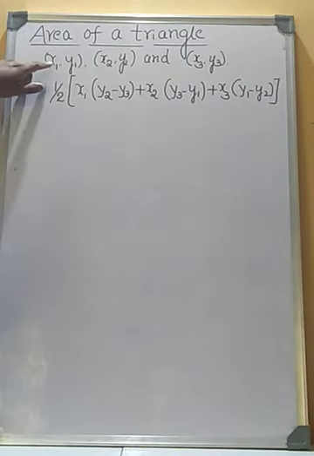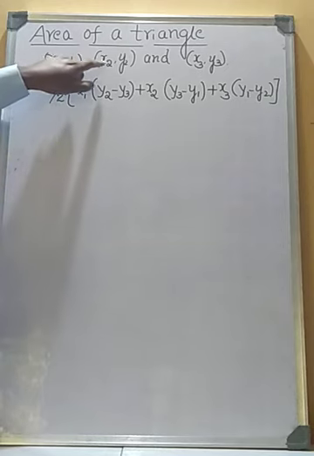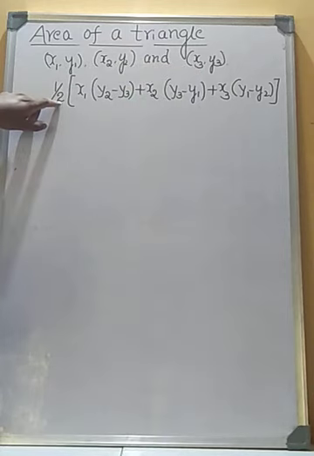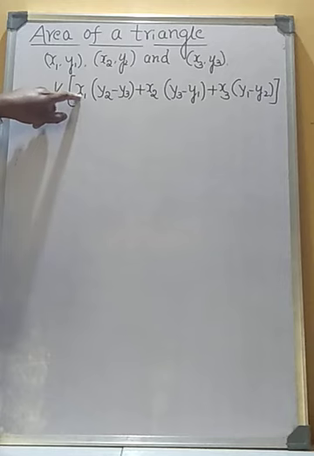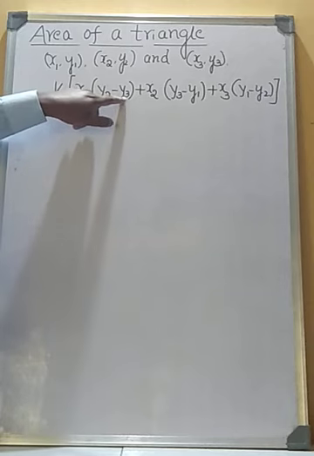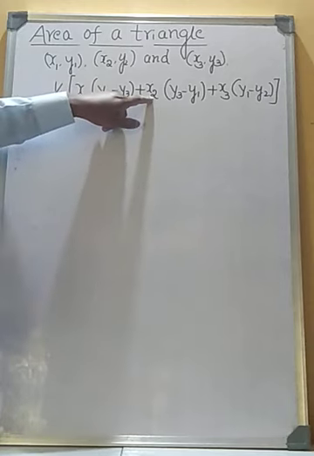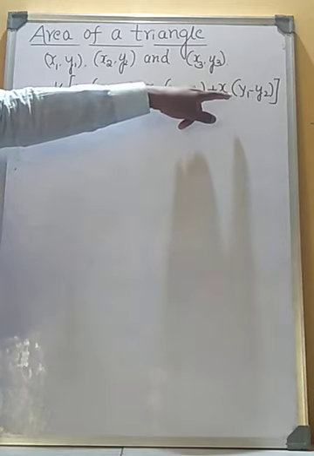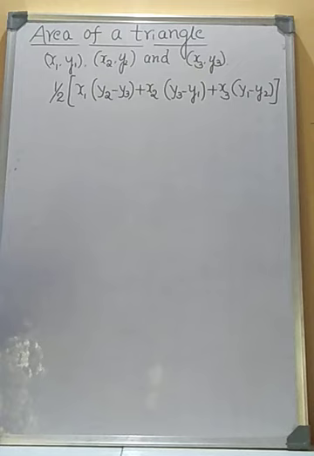The area of a triangle whose vertices are x1, y1, x2, y2 and x3, y3 is given by half into x1 into y2 minus y3 plus x2 into y3 minus y1 plus x3 into y1 minus y2.